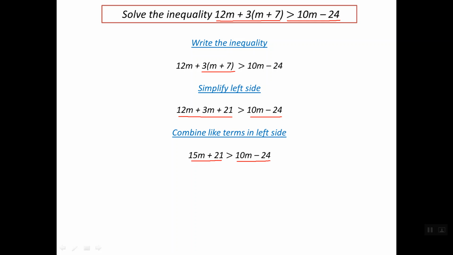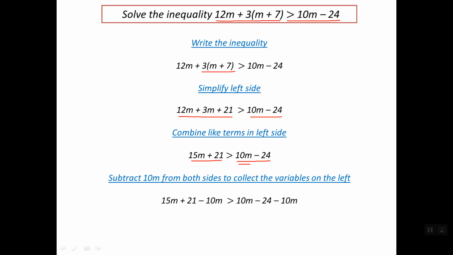Now we have the variable m on both sides, so we need to keep it on the left side. So we need to cancel this 10m. Simply we can subtract 10m from both sides, so that we collect the variables on the left. So the left side becomes 15m plus 21 minus 10m, and the inequality stays the same.